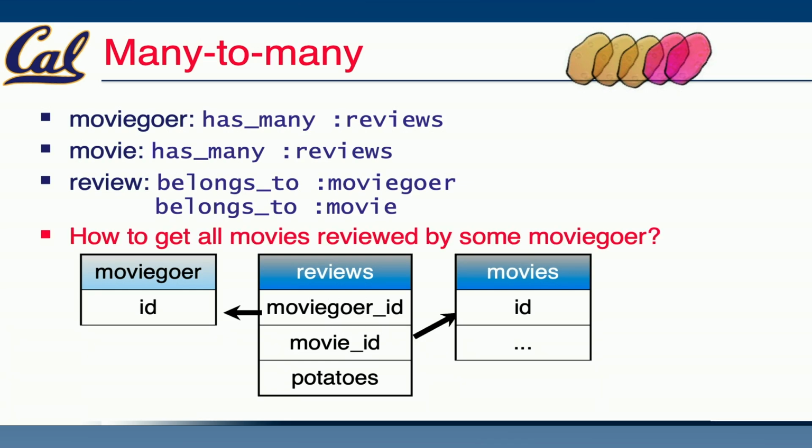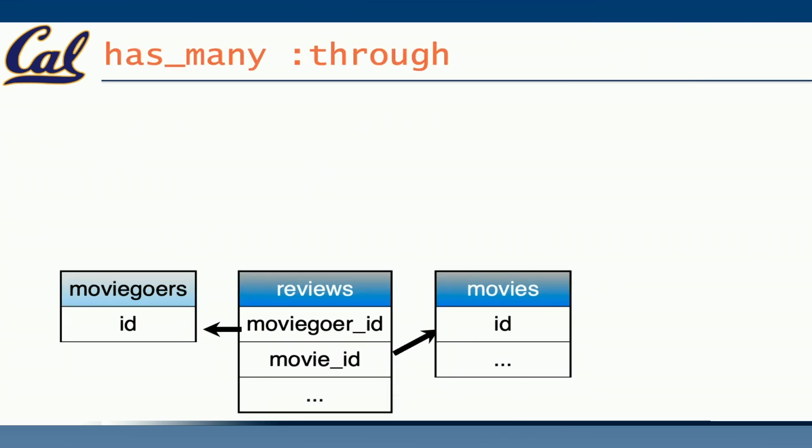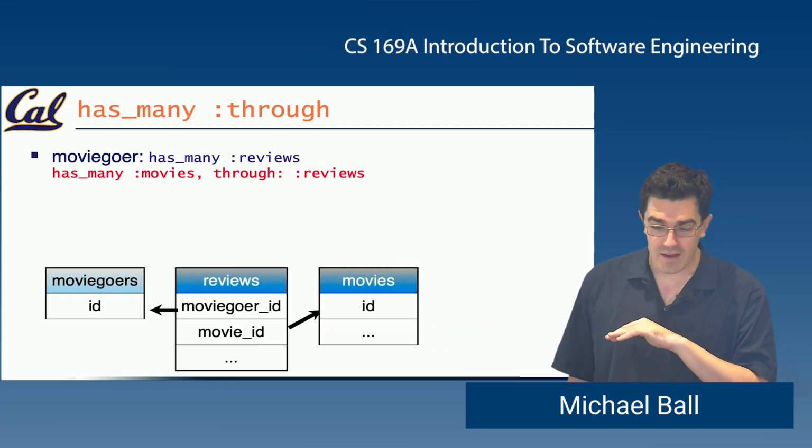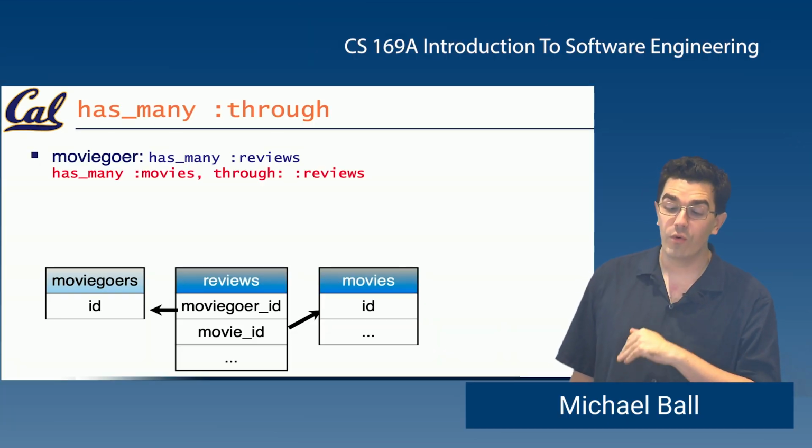So Rails will provide an interface for this. How do we get from one movie to all of the moviegoers? In Rails, it works pretty much the same way, except we specify through some particular instance. This is why we call them through associations. So all we have to do is say a moviegoer has many movies, and this time it is through the review table.